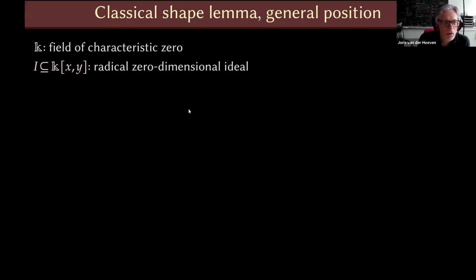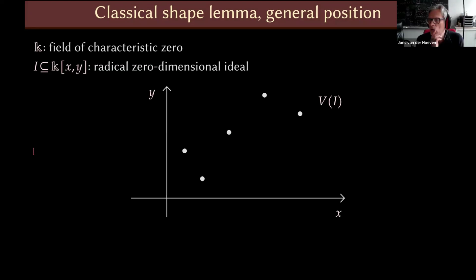So K will be a field of characteristic 0, and let's consider just a radical zero-dimensional ideal. So this is typically just a set of points in the plane, the variety of this ideal.